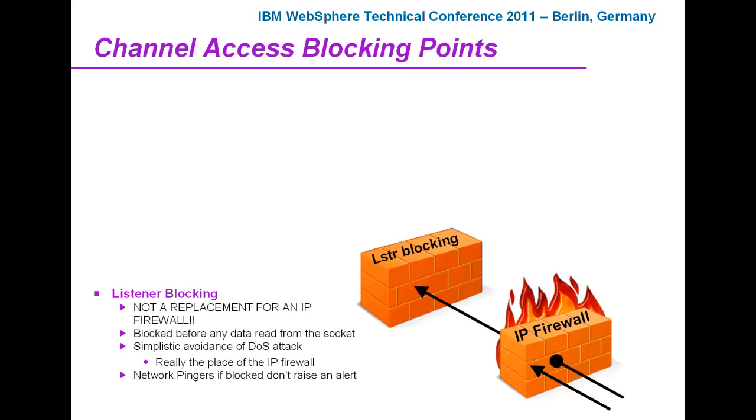If you get through the IP firewall, there is a new feature that is on the listener. So before we even know what channel this is, we do have a rule that we can apply to block particular IP addresses. This is not a replacement for your IP firewall, but it is there for a specific use case.